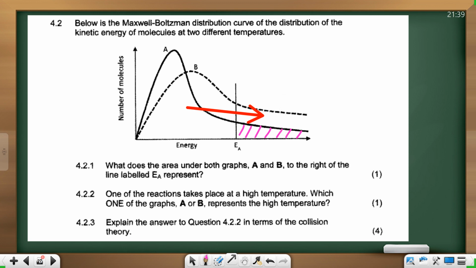That's why the amount of particles decreases here, because they are already flowing onto the right-hand side to where there is more energy over the EA. So this one is low temperature, and this is high temperature, because the particles here are already moving towards the side. They are distributed based on energy.